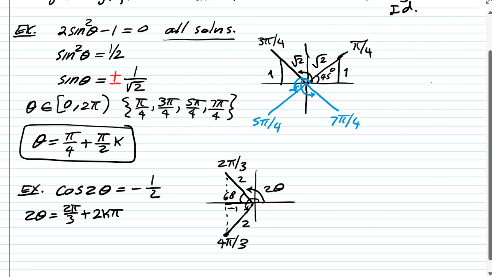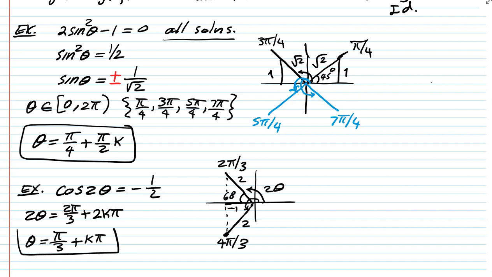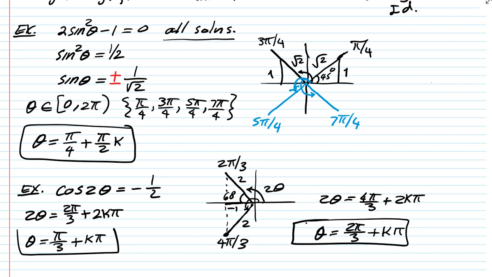Okay. Therefore, divide everything by 2. I get pi over 3 plus k pi. That will pick up a bunch of solutions. And then let's do 2 theta equal to 4 pi over 3 plus 2k pi. Divide by 2, I get 2 pi over 3 plus k pi. We get this one.